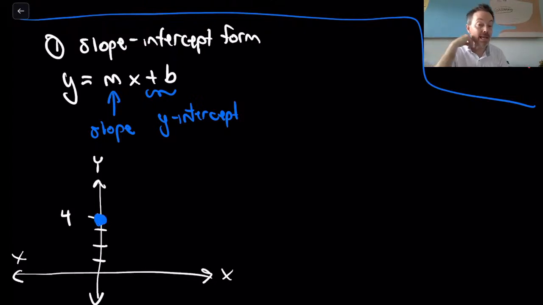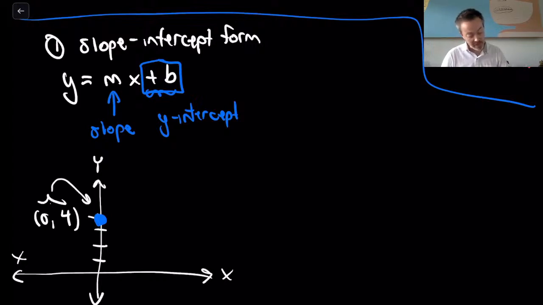So I know the y-intercept. That's great. I know the b value. This point on the y-axis is the point (0, 4), right? Those are the coordinates of that point. All we care about, though, is the y value. We care about that y-intercept. So here our b value is going to be positive 4.